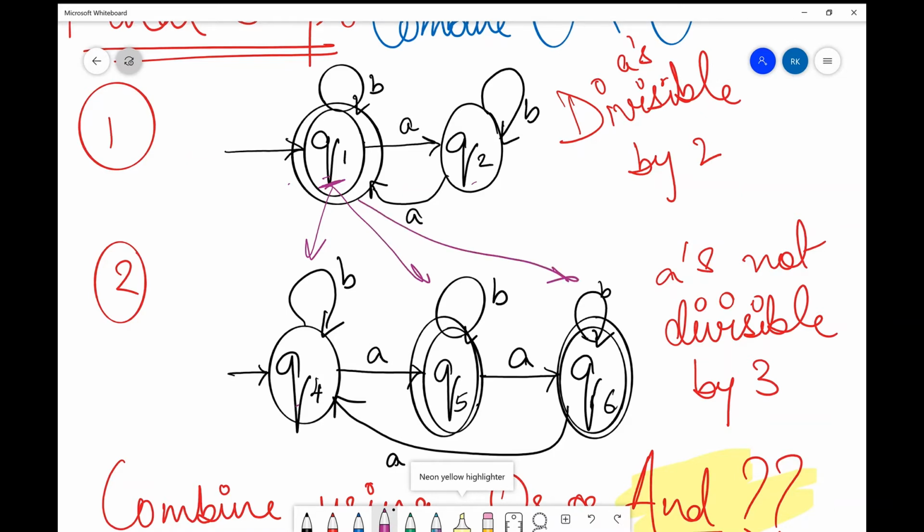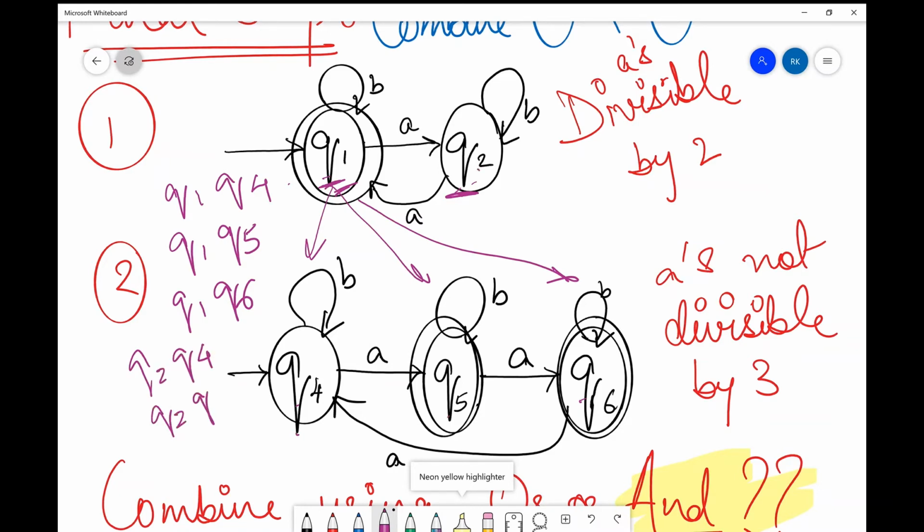So the states that I'm going to form are Q1 Q4, then Q1 Q5, then Q1 Q6. Similarly, with Q2, I can form Q2 Q4, Q2 Q5, and finally Q2 Q6.